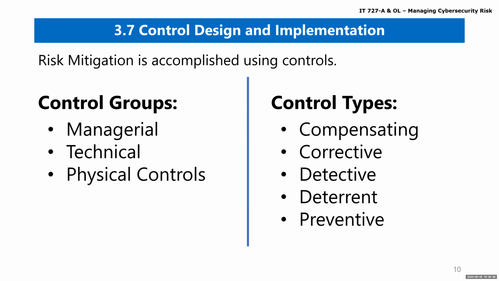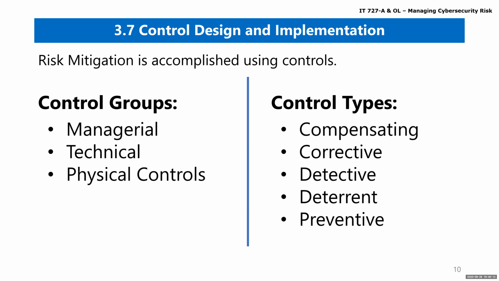Ideally, as a risk professional, one will provide advice on the selection, design, implementation, testing, and operations of controls, right? But we know that controls are usually grouped into three groups: managerial, technical, and physical controls.